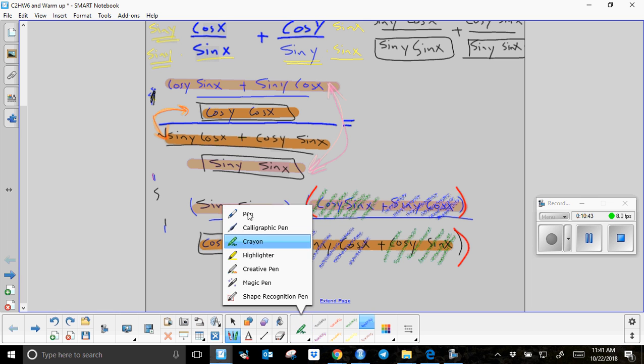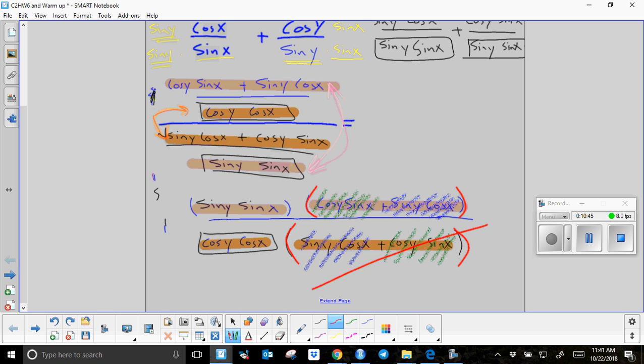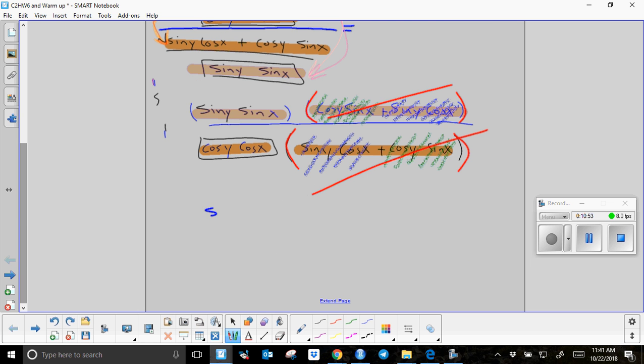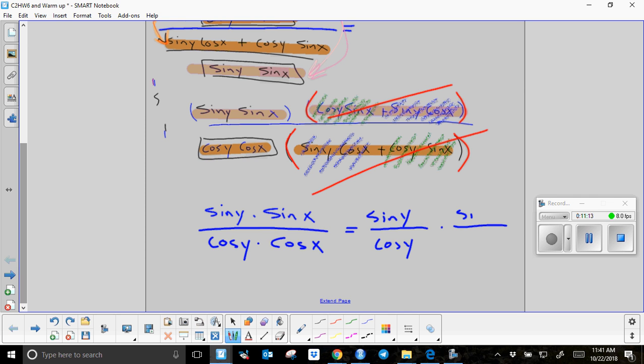So what I'm going to do is cancel this with this. What remains is your final answer: sine y, sine x over cosine y, cosine x. And they're being multiplied, right? So I can make two fractions: sine of y over cosine of y times sine of x over cosine of x. Ladies and gentlemen, what is this?